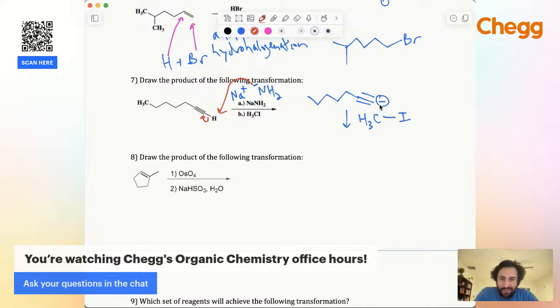Methyl iodide is an excellent electrophile here. So we're going to have that attack there. And all we ended up doing is adding a methyl group to this alkyne. That's all we did. We had this terminal alkyne, and now it's an internal alkyne. We have an additional carbon on there.